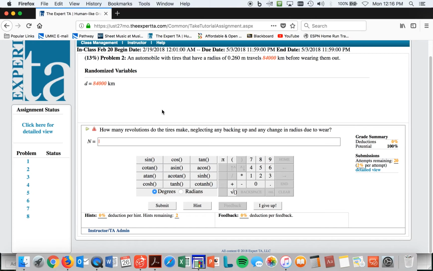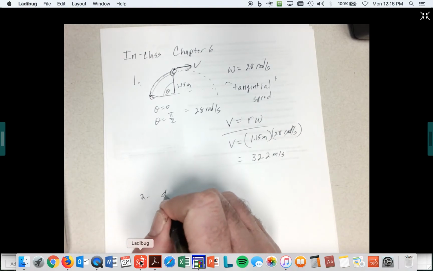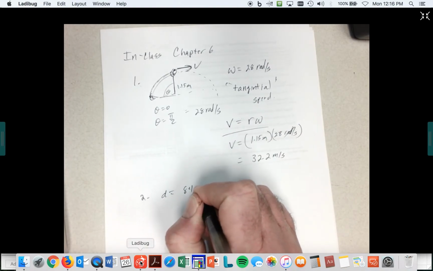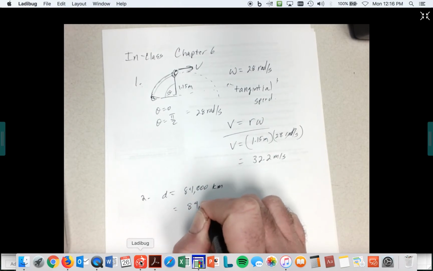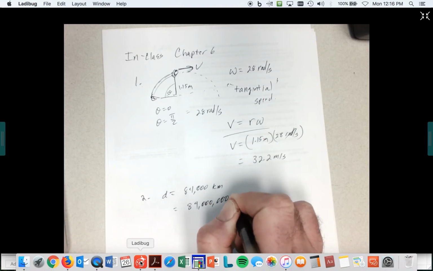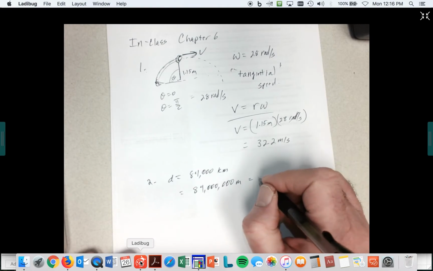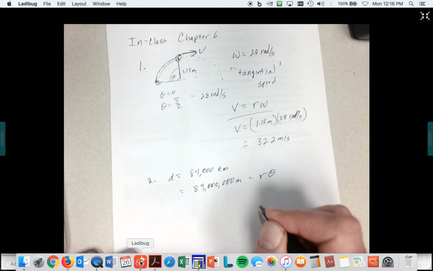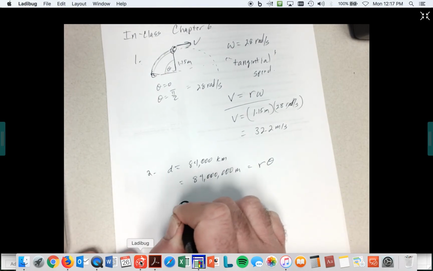Here's the deal. It's not as hard as you think. The distance traveled is equal to 84,000 kilometers, which is equal to 84 million meters. And the distance is equal to r times theta, the angle. If you have a roller paintbrush, this is the easiest way to think about it.